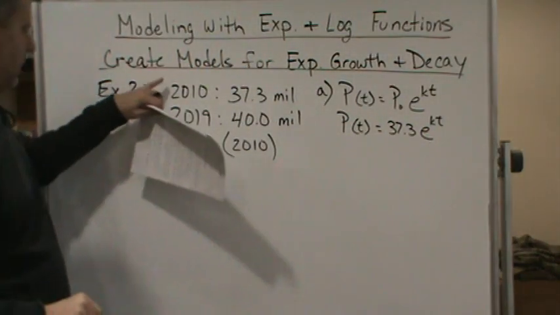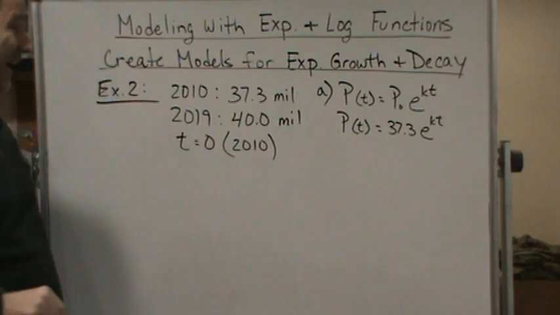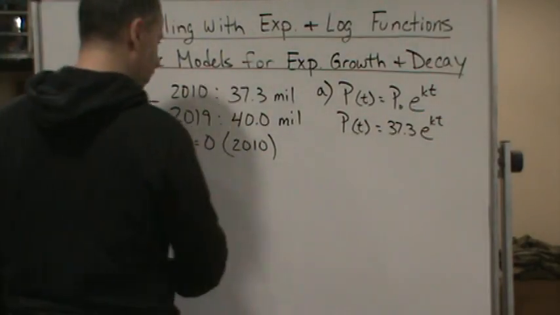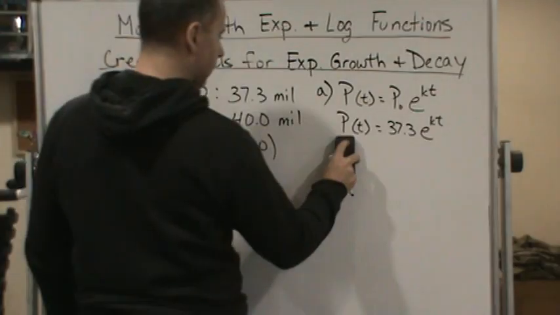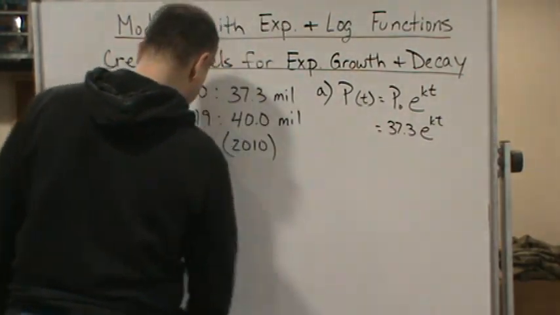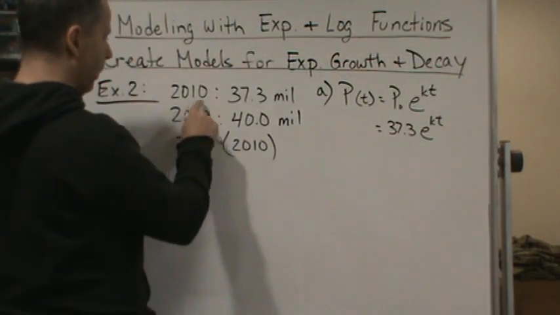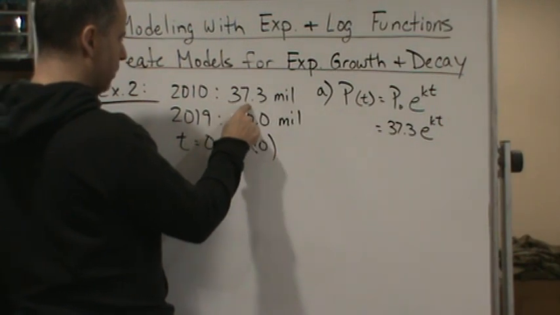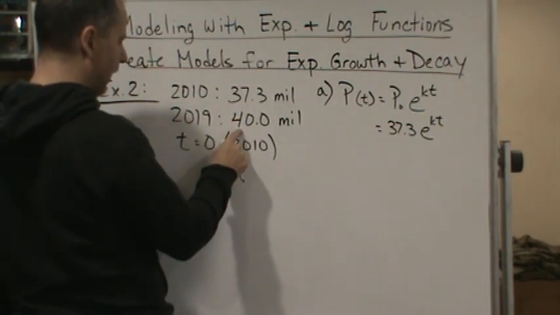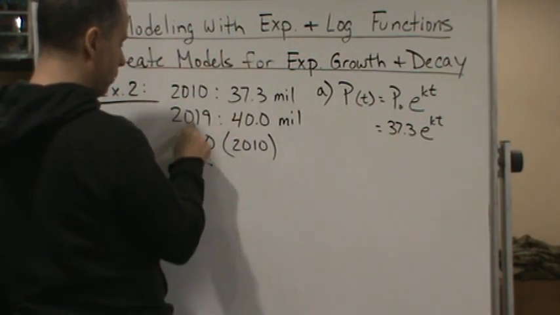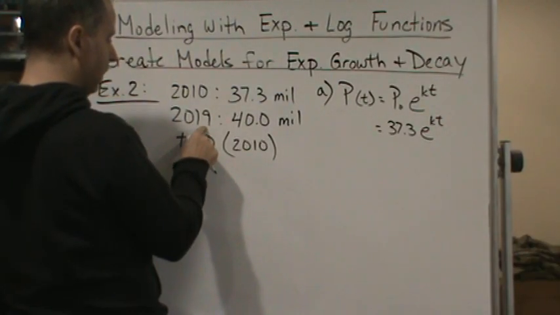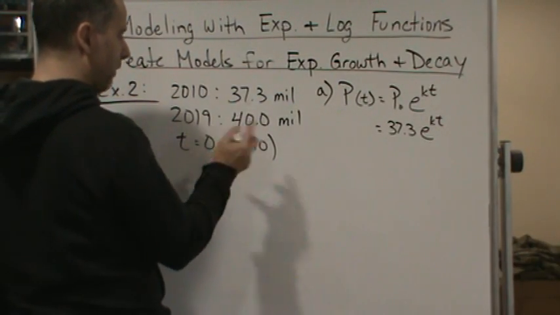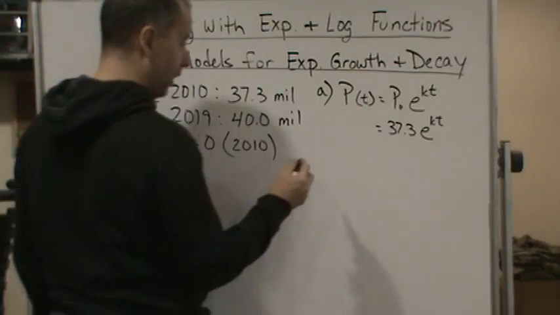So let's use the information here to solve for k, okay? So how are we going to do that? Well, let's plug in the values, the 2 points that we have. We know this point at t equals 0, and we know this point at t equal to 9, right? 2019 is 9 years later. So we have 2 points that we could put in.